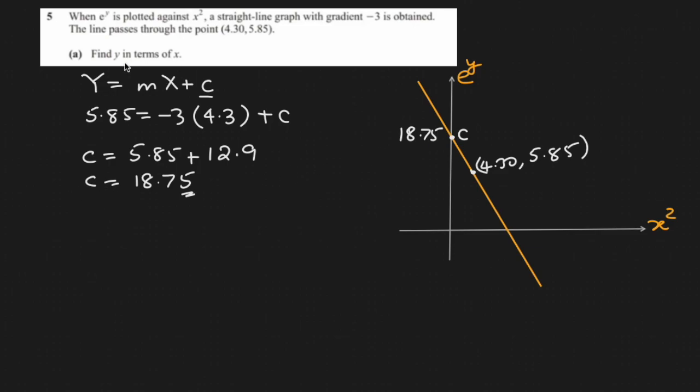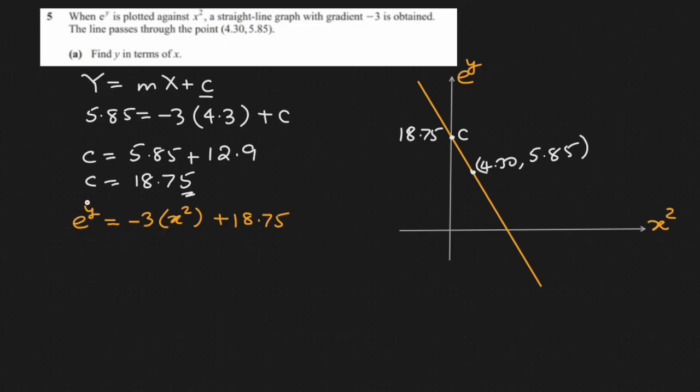Now, they want us to express y in terms of x, and we'll bring back the actual ones, which are e to the power y. So in place of Y, I will write e to the power y equal to -3, which was the gradient. X is x square, not x anymore. And c, we just got 18.75. Okay, now we have to isolate this y.